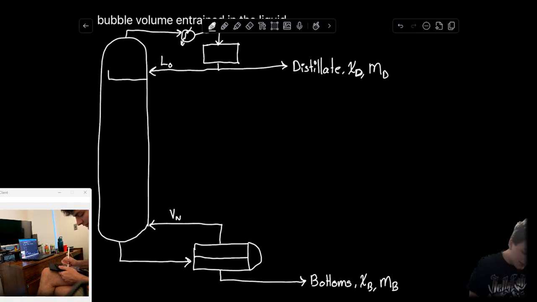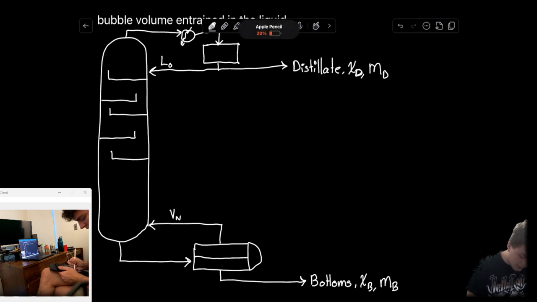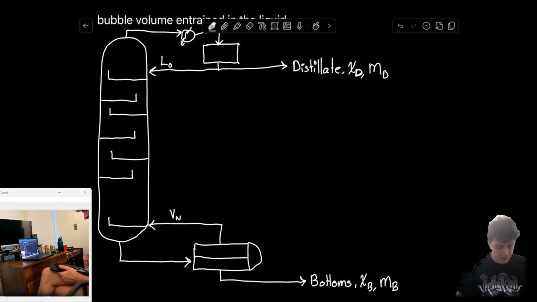So what that means is we're going to give it a stage there, a stage there, 1, 2, 3, 4, 5, 6, and 7. And again, I did not equally space the trays, not on purpose.